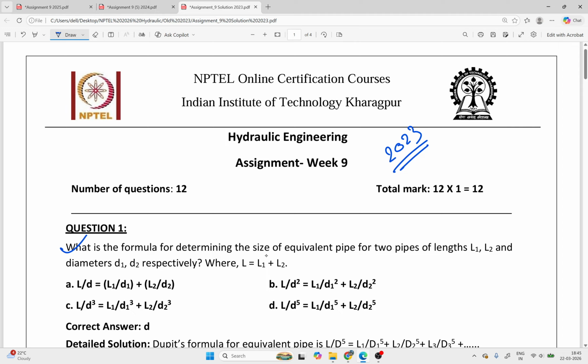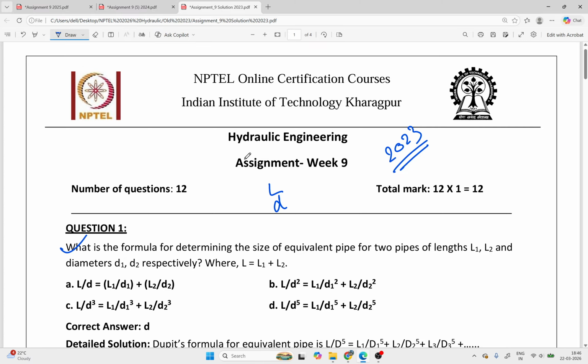As we were discussing in the previous questions, the length was the same and the diameter was the same, but here you do not have similar length and diameter. So what should be the formula? Option D is correct here: L by capital D is equal to L1 by D1 plus L2 by D2.